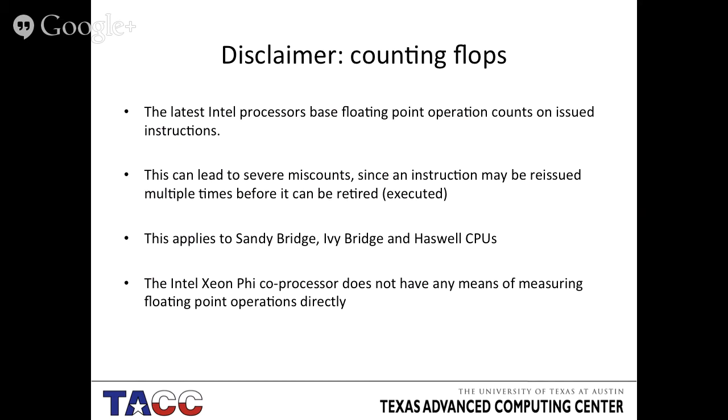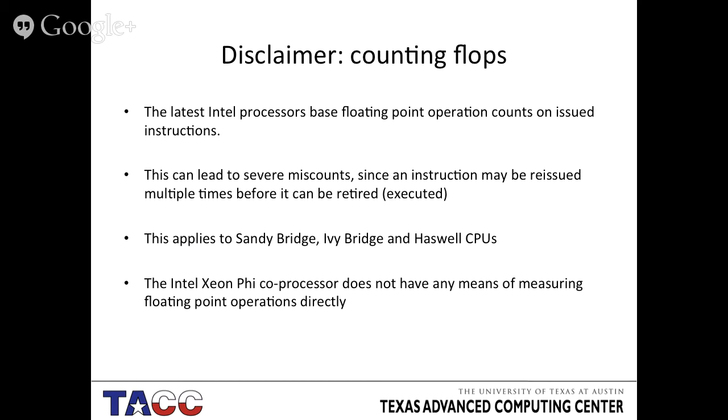A very important thing when using Intel processors is that the floating point operation counts are not exactly correct, because they count on issued instructions, and these instructions can be reissued depending on how the pipelines are at the specific moment of the execution of the code.